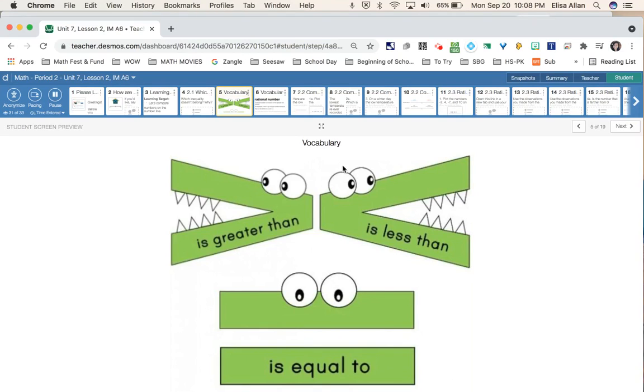This might come as a reminder to you, but here we have those symbols for greater than and less than, and we have our equal to symbol as well. Remembering that the greater than symbol, as we're reading in English from left to right, starts up where it's spread open more, and it gets smaller and smaller, so it's greater to begin with, and it gets to a smaller point on the inside of the mouth of this alligator.